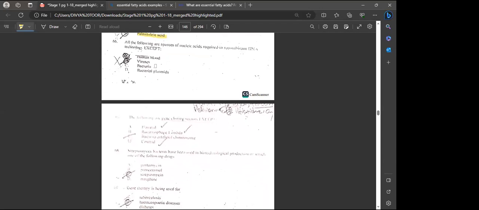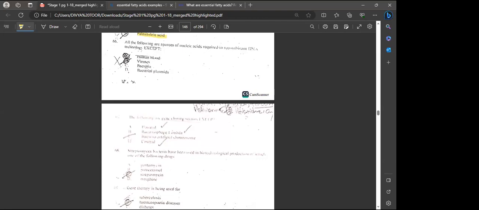So all the following are sources of nucleic acids. What I don't get is why there is bacteria and bacterial plasmids. All the following are sources of nucleic acids required in recombinant DNA technology, except.